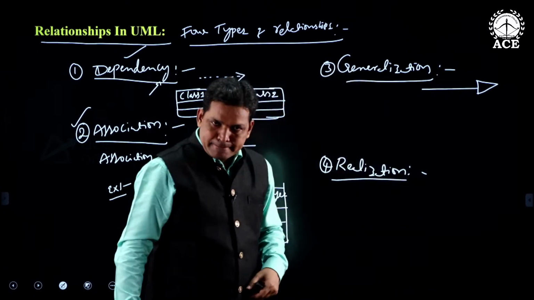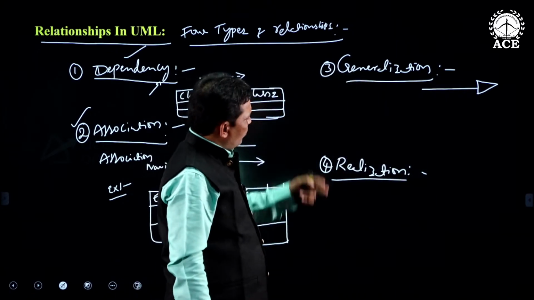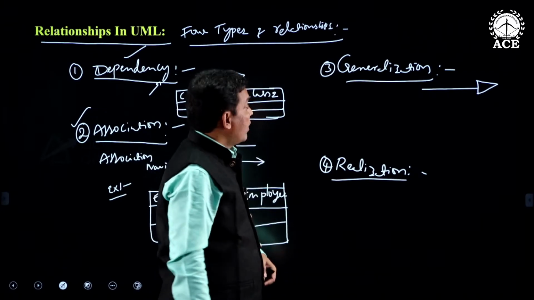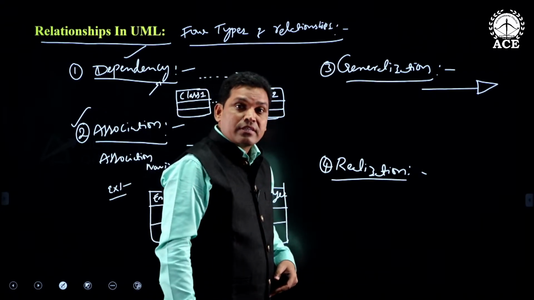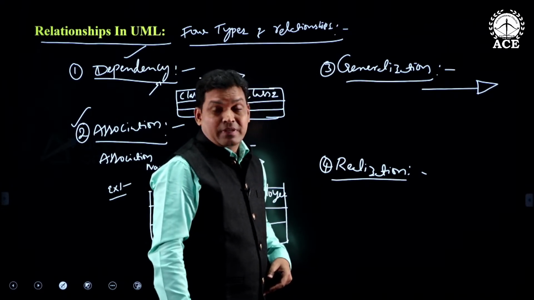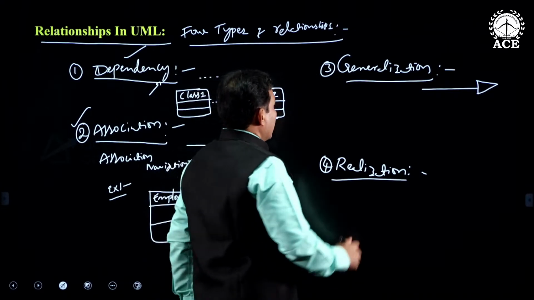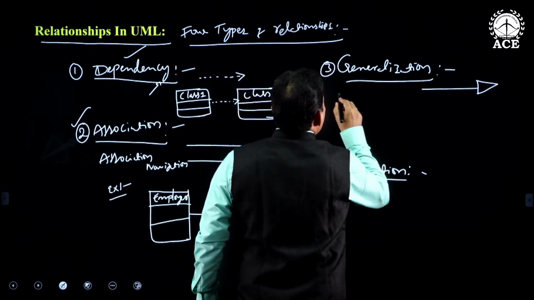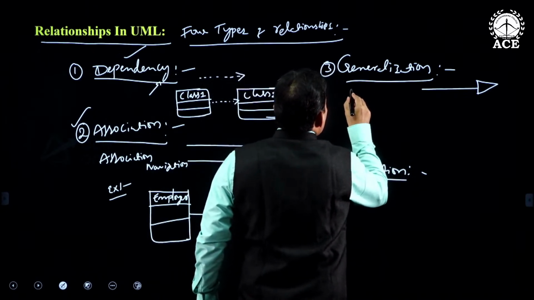Now the point here is, what is the situation where we have to use generalization? When we want to model parent and child classes, in that situation only we have to use the generalization relationship. Let's say gas consumer is a class.